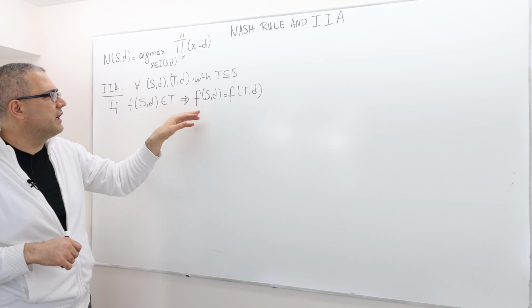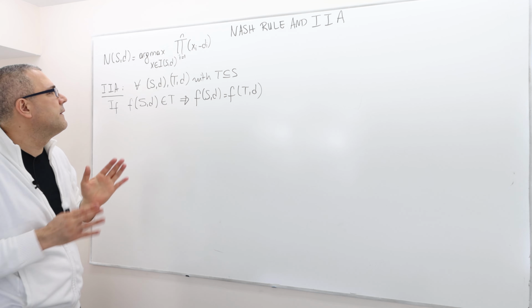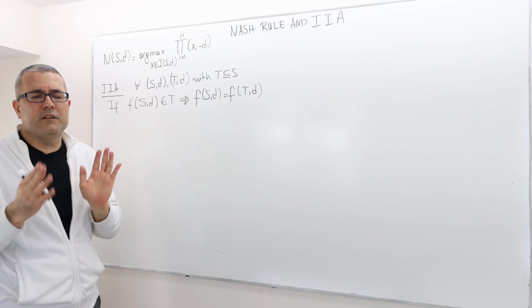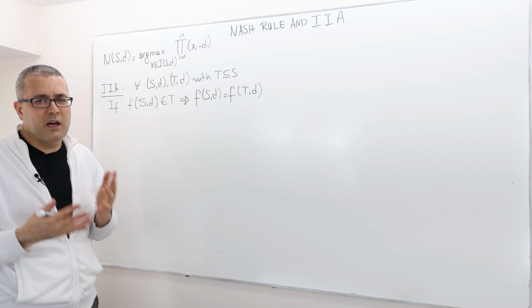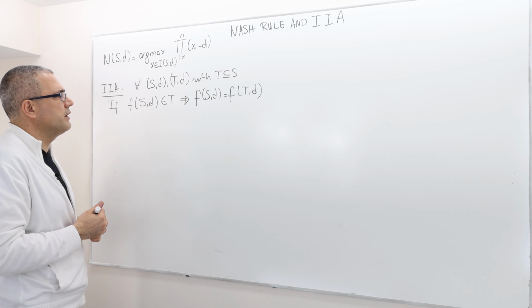If the bargaining rule satisfies this property, then we say it satisfies IIA. Irrelevant alternatives are not important, so the rule F is independent of the irrelevant alternatives.